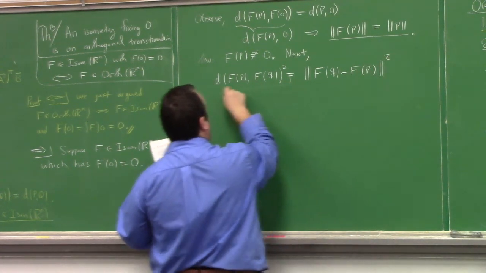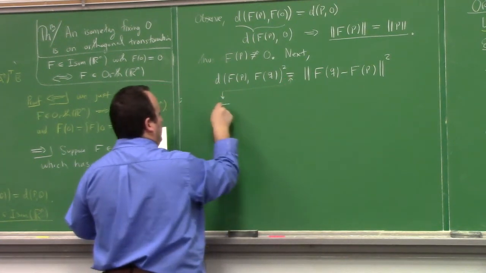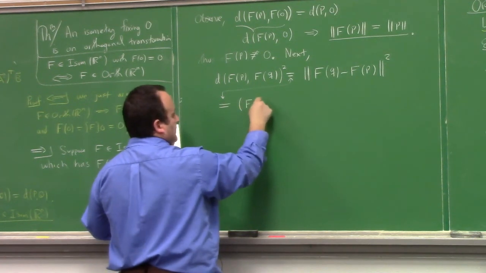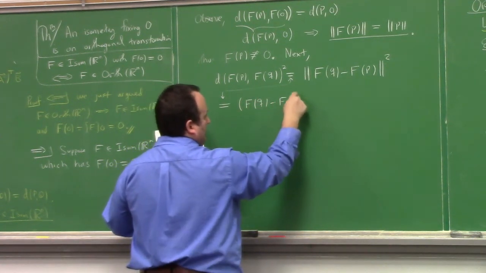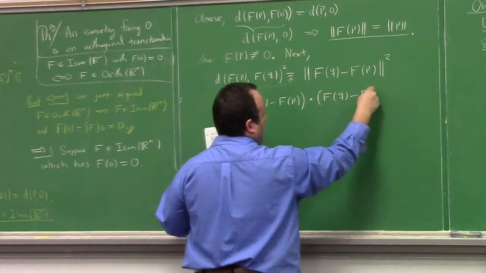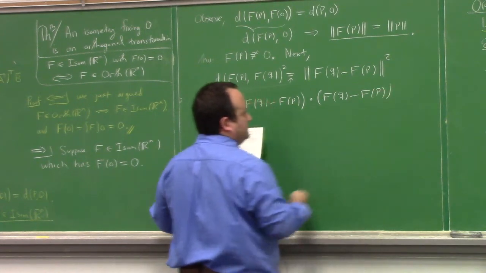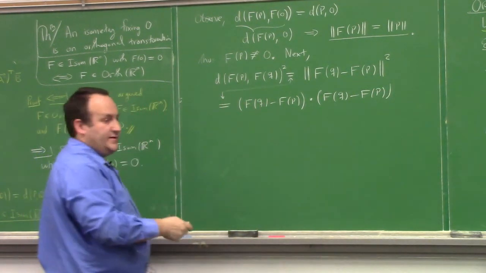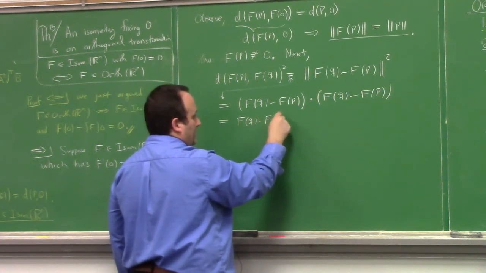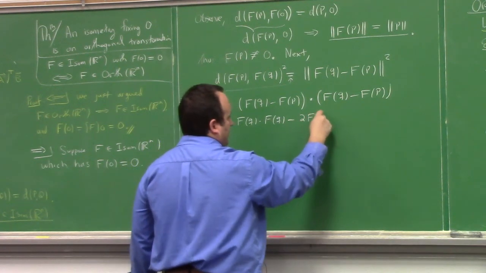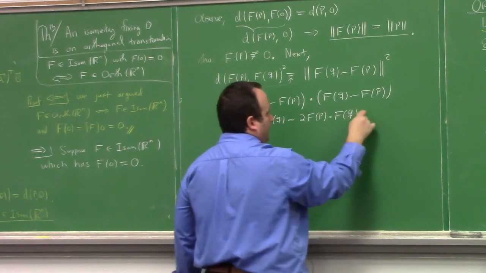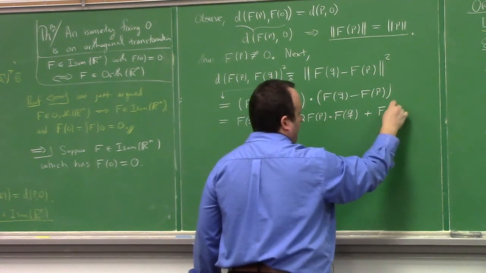Now, by a calculation very much like one you just did in your homework, this is f of q minus f of p dot product f of q minus f of p. And you take this dot product, what do you get? You get f of q dot f of q minus twice f of p dot f of q plus f of p dot f of p.